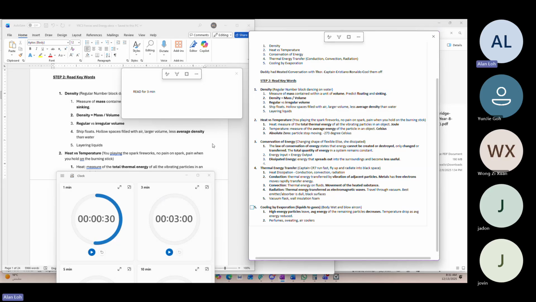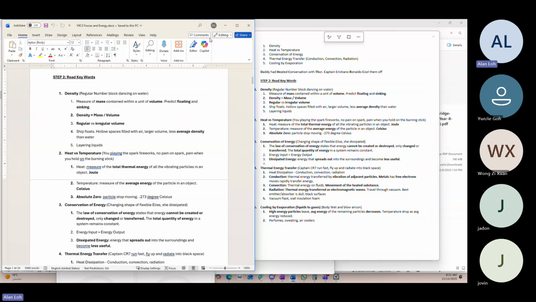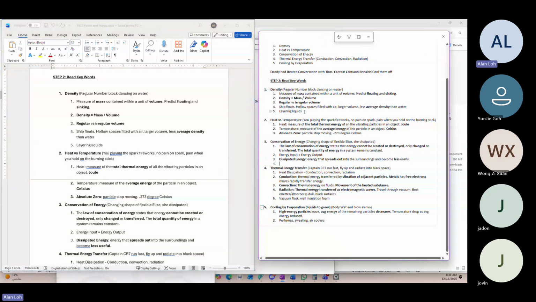Now, let's talk a bit here. The density. So we know that the density is having the keywords related to mass and volume. Mass divided by volume. So what does it mean? It's a very simple math. When the mass increases, the density increases.